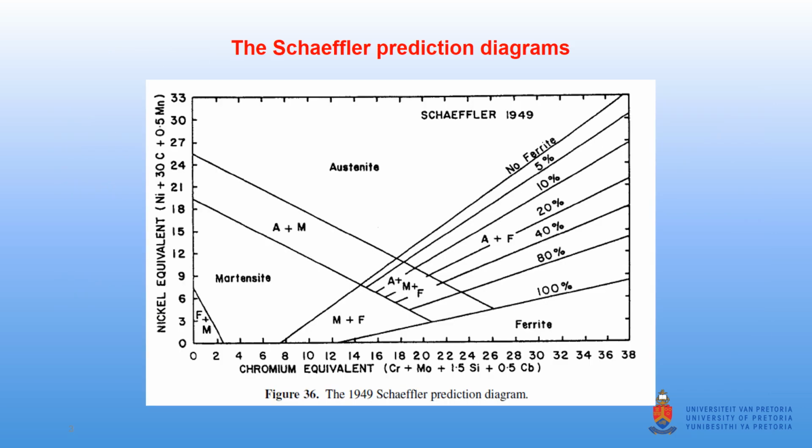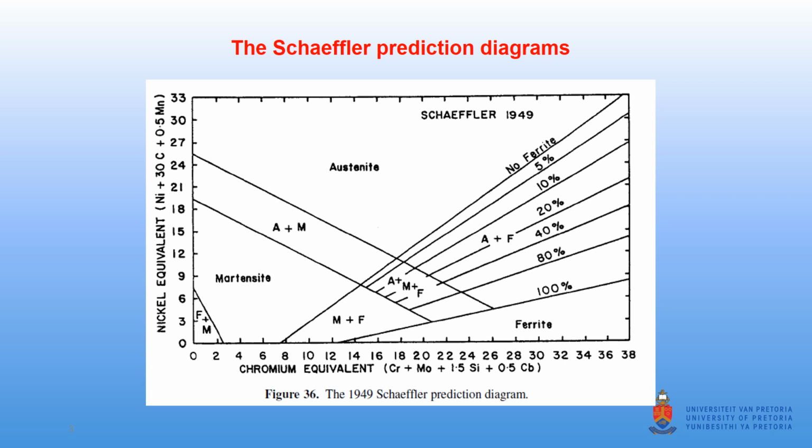The first major advancement in predicting the microstructure of stainless steel welds was an empirical diagram published by Scheffler in 1949. Figure 36 shows the typical Scheffler diagram, which is used to predict the microstructure of stainless steel welds on the basis of the amount of austenite and ferrite forming elements in the steel.